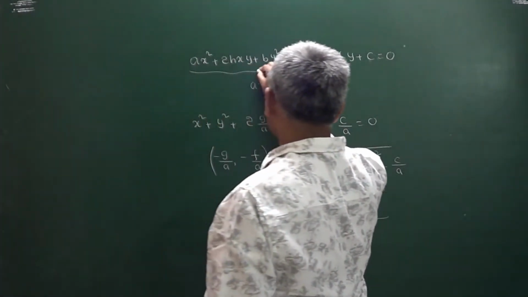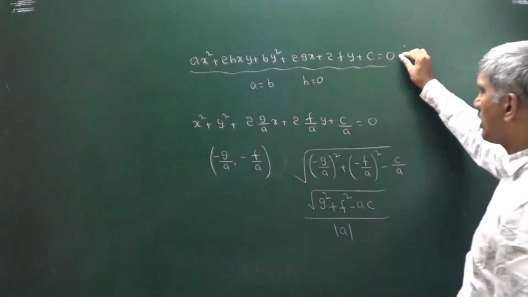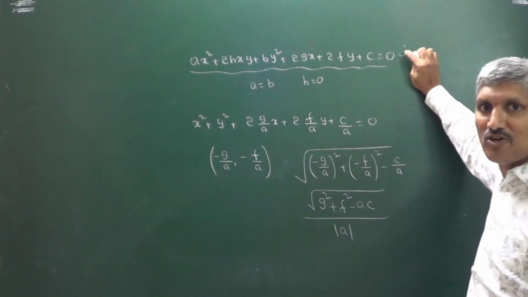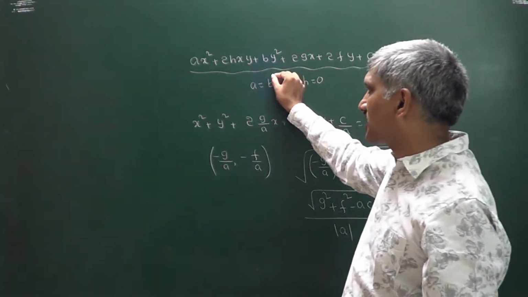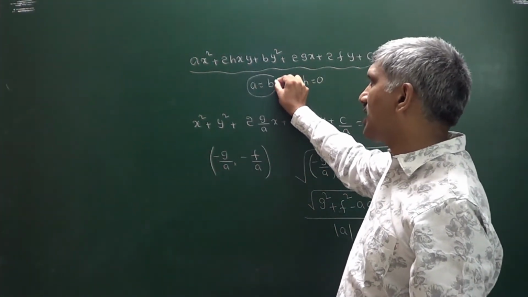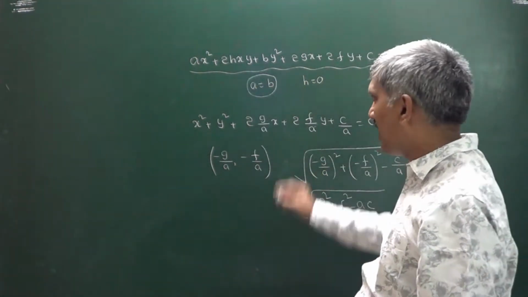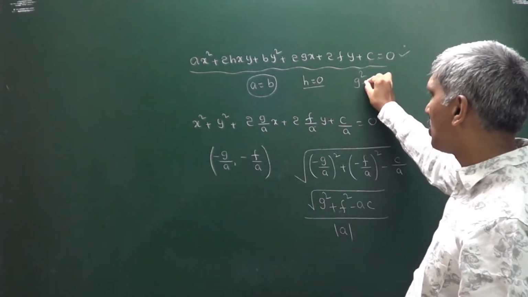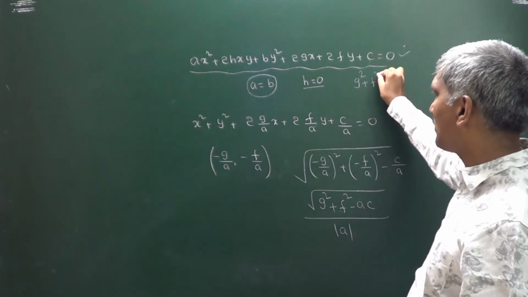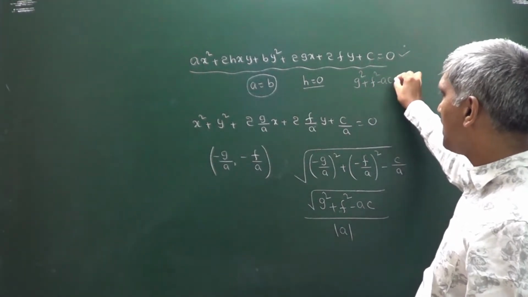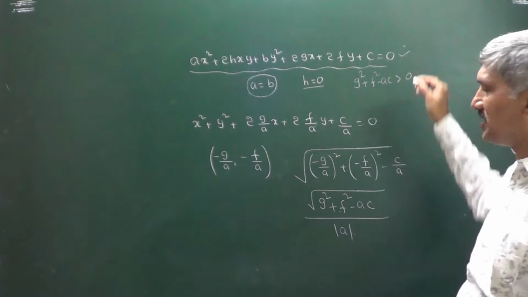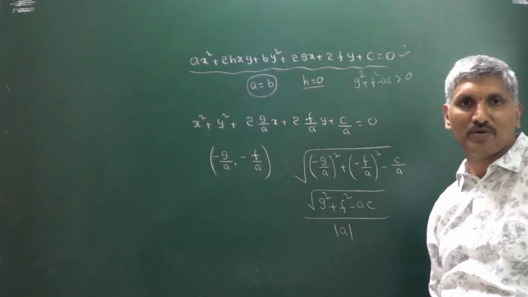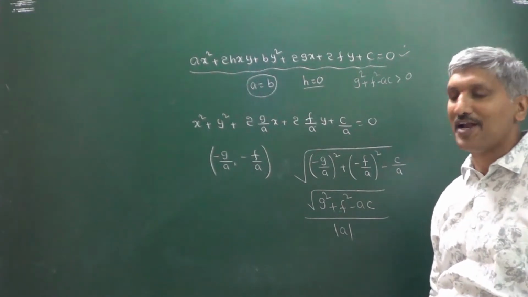So ax square plus 2hxy plus by square plus 2gx plus 2fy plus c is equal to 0 represents a circle under the condition a is equal to b and h is equal to 0, and one more condition we got just now: g square plus f square minus ac must be greater than 0. When it is equal to 0, again the same information, it represents a point circle.